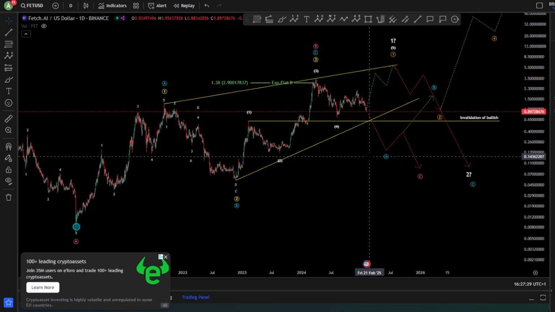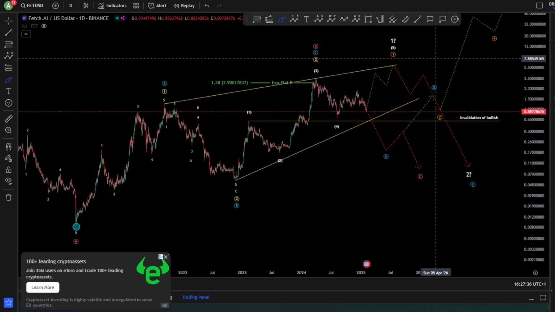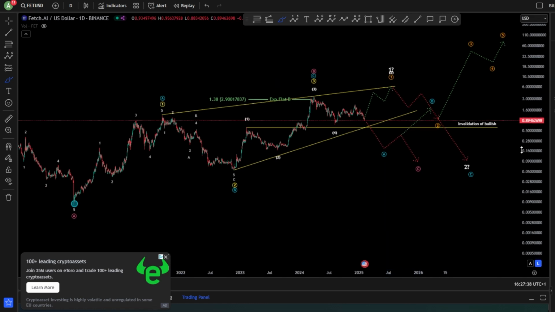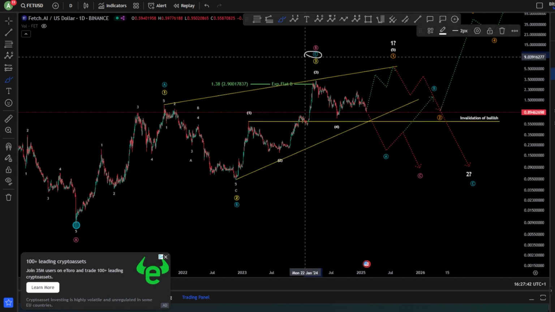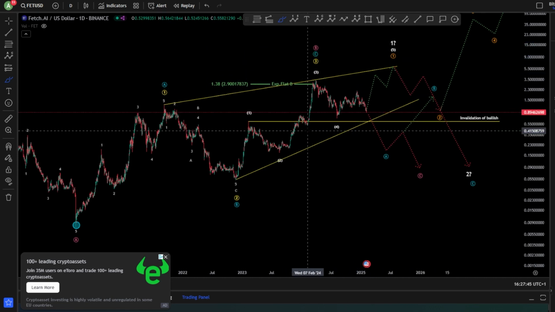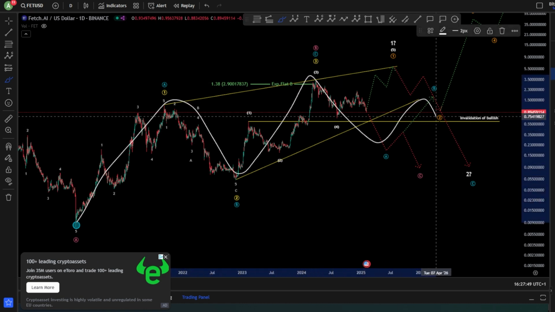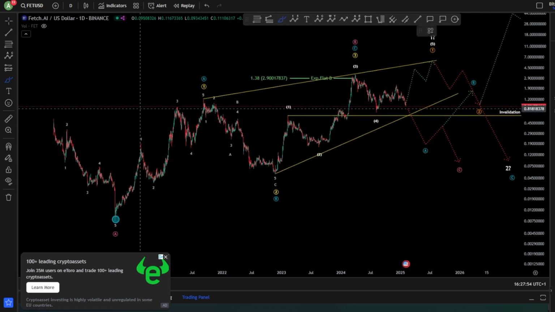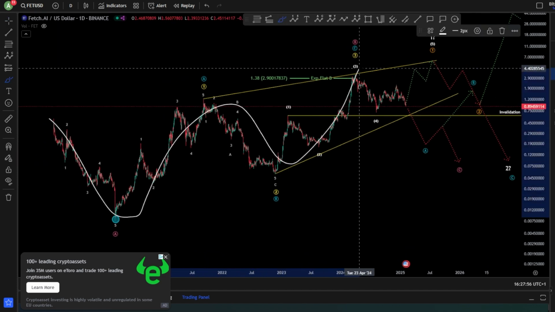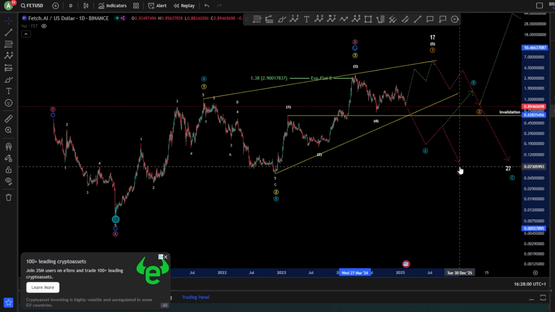Invalidation directly for this impulse, meaning less possibility for the yellow scenario and for the orange, that we are looking impulsive, and goes higher possibility for the blue scenario and the magenta scenario. So A, B, and a C, and then A, B, and a C, or a bigger ABC expanding flat. A, B, and 1, 2, 3, 4, 5 for a wave C. So these are the scenarios, guys.